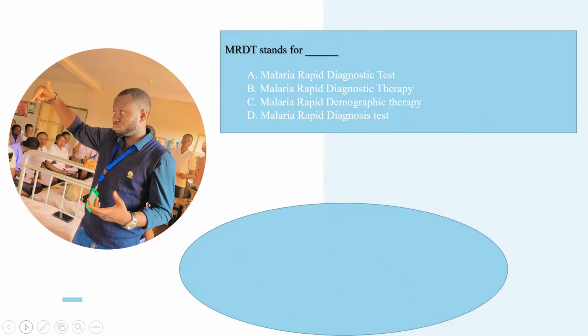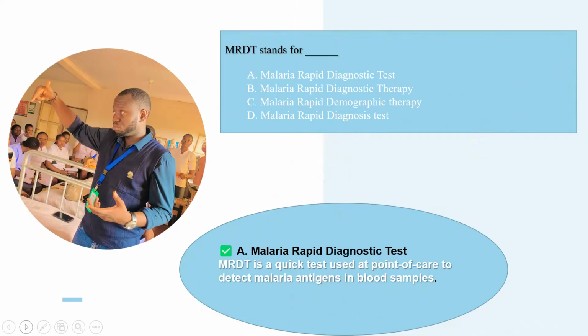The correct answer is A, Malaria Rapid Diagnostic Test. MRDT is a quick test used at point of care to detect malaria antigens in a blood sample. It's mostly used in primary healthcare level.